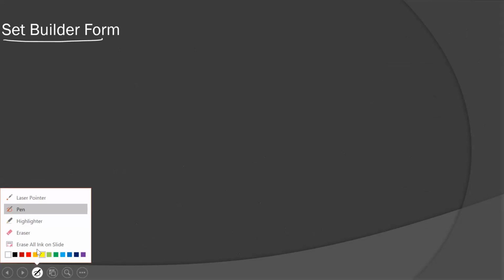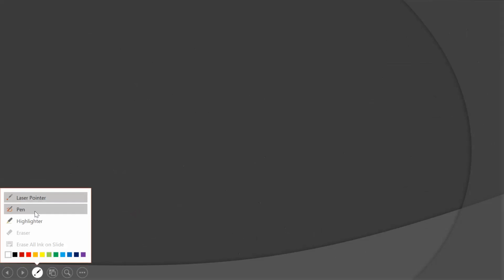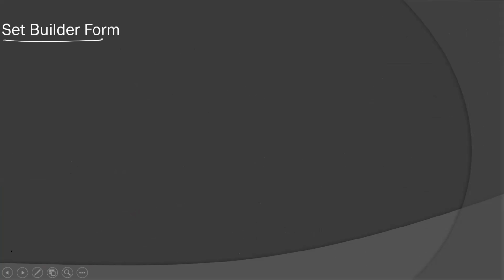Next form is set builder form. In the set builder form, we take elements which satisfy a certain property. So what is the definition?